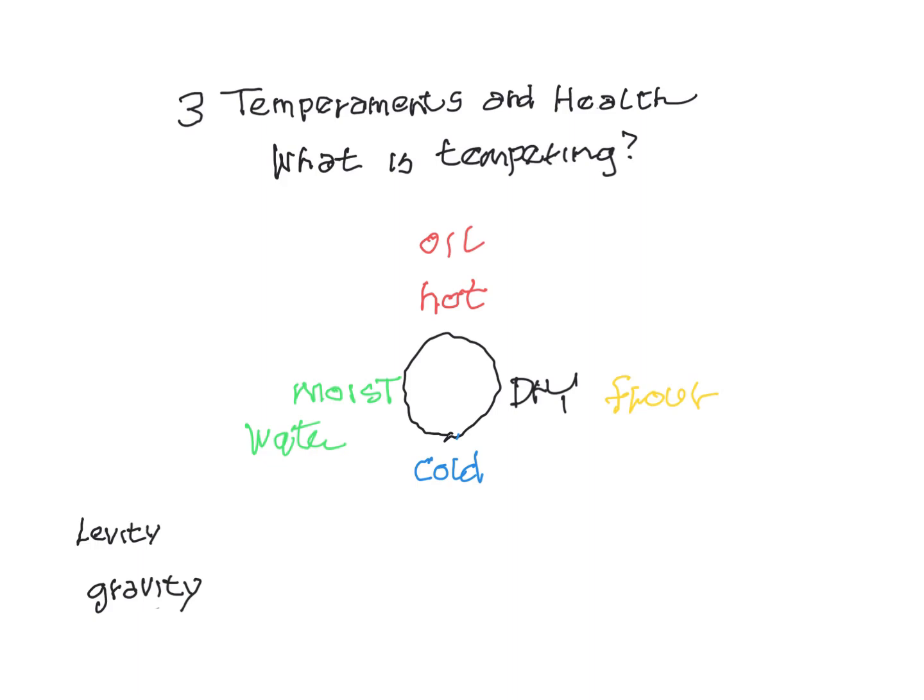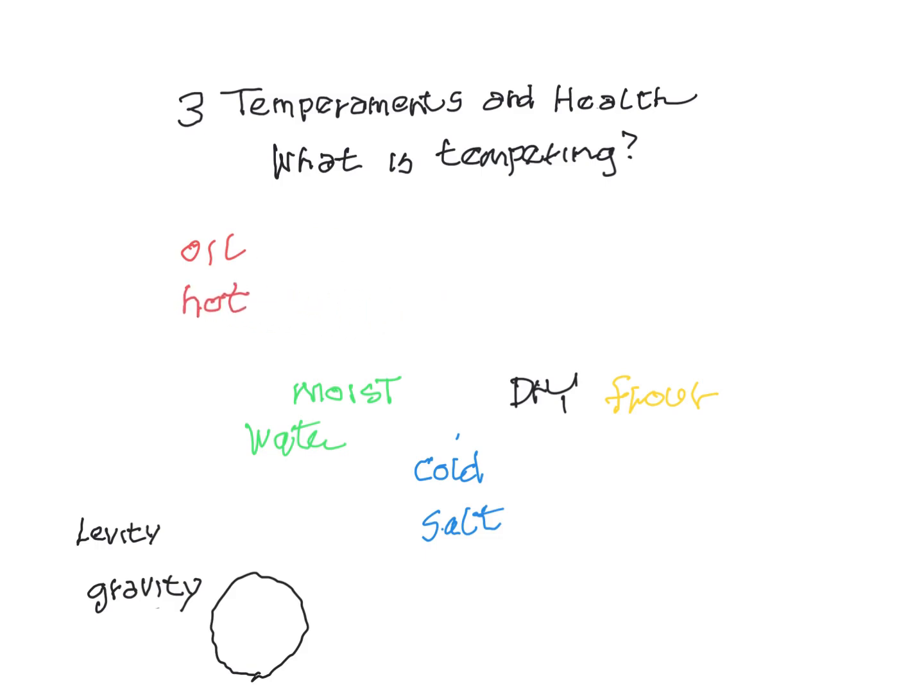And I need somehow to unite them and balance them. And the thing that really does it in this situation is salt. So let's say I want to make some gravy. Let's say I start out with hot oil, and I want to make the hot oil moist, so I add water.